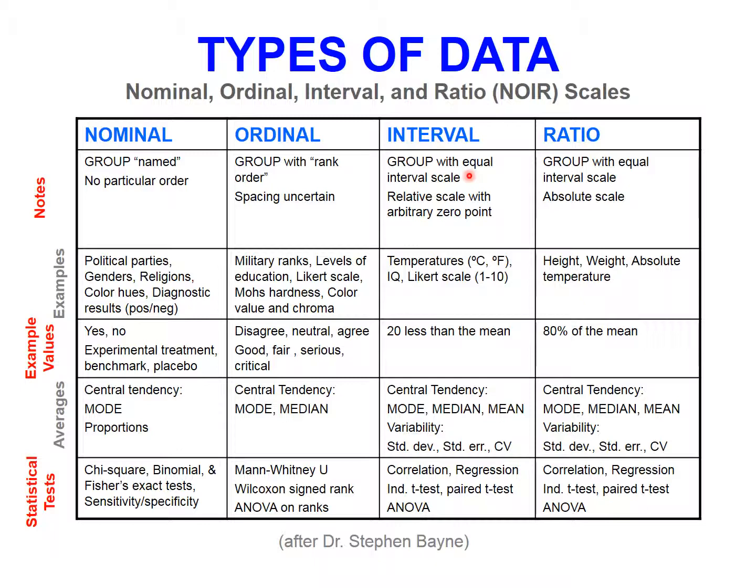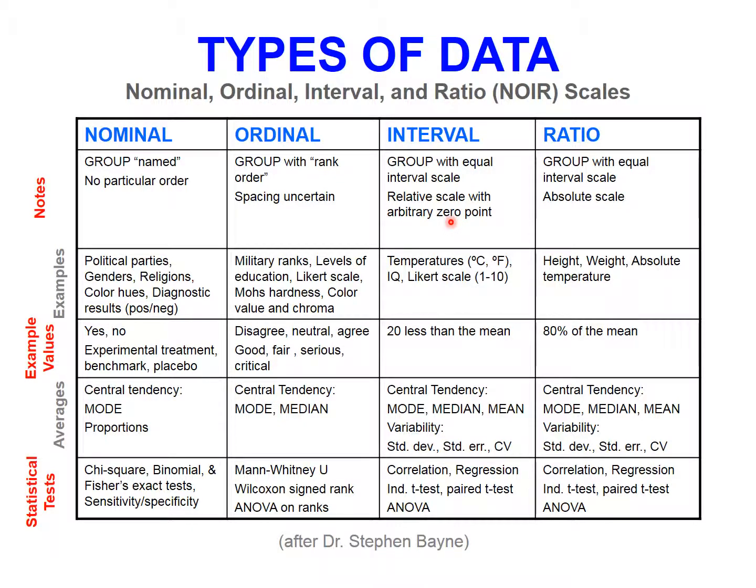However, interval data doesn't necessarily have an important reason for the point of the 0 on the scale. So it can be an arbitrarily chosen 0. And this is a disadvantage to some extent, because it means that we can't multiply and divide and make judgments about percentages of the mean or median in the data.